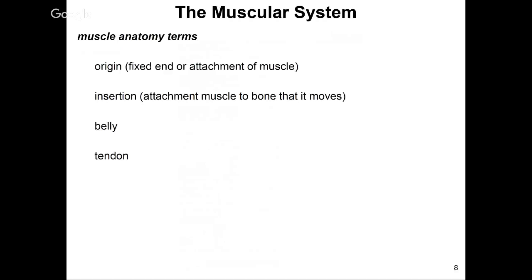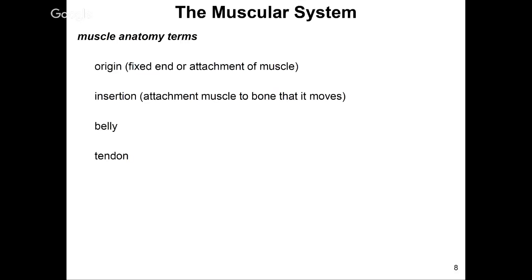There's the belly of the muscle. What do you think that refers to? Think of the bicep. Just the main bulk, right? I don't have enough bulk to show, but maybe some of you guys do. And then there's the tendon. We didn't talk about the difference between ligament and tendon, but what is the difference?